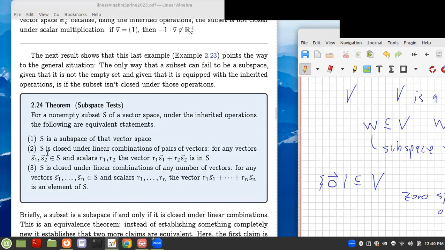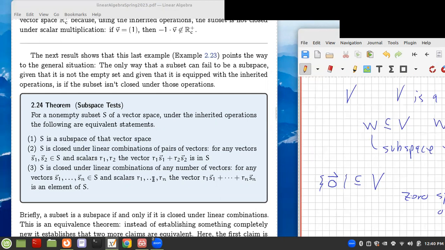Well, it turns out that this is equivalent to S being closed under linear combinations of pairs of vectors. We take two vectors and two scalars, and if this linear combination is in S, it's a vector space.